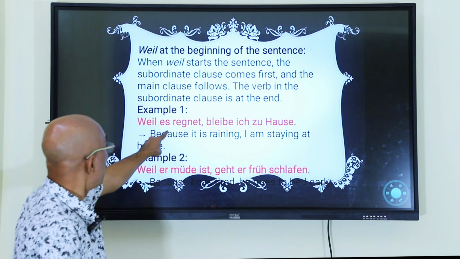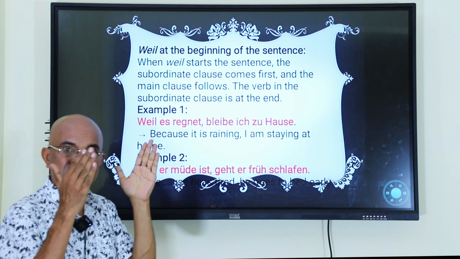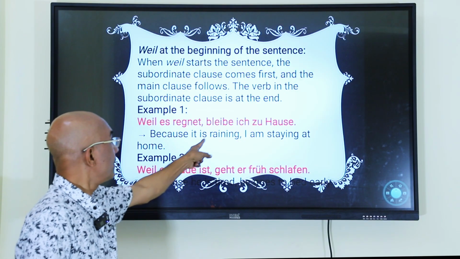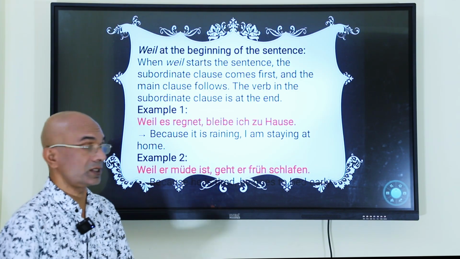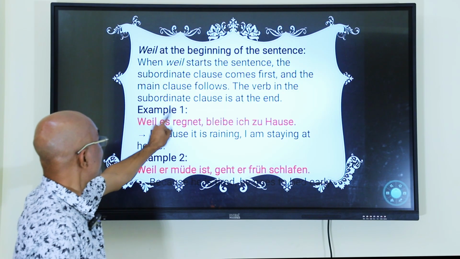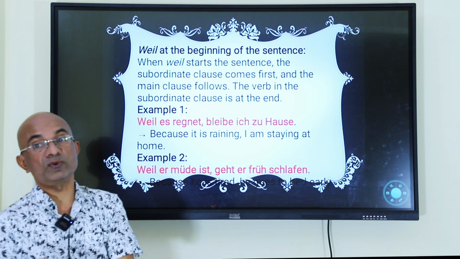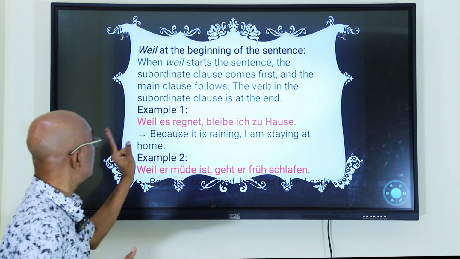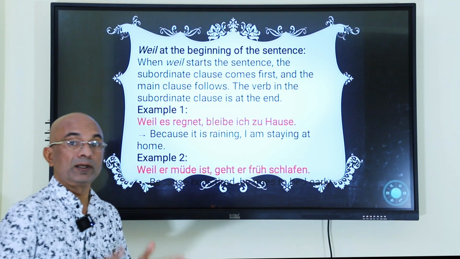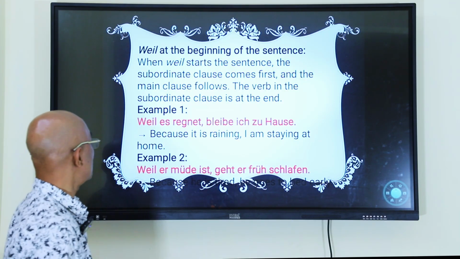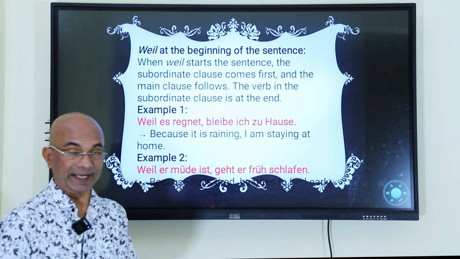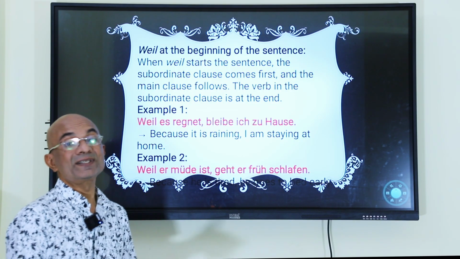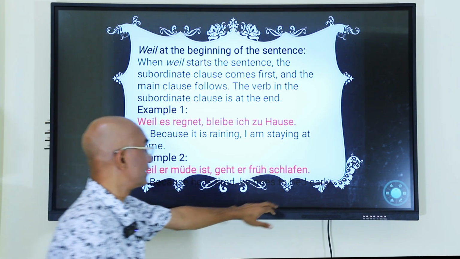For example, weil es regnet, regnet is a verb, bleibe ich zu Hause. We will not say "weil es regnet, ich bleibe zu Hause". We will say weil es regnet, bleibe ich zu Hause, or weil er müde ist, geht er früh schlafen. He goes to bed early.